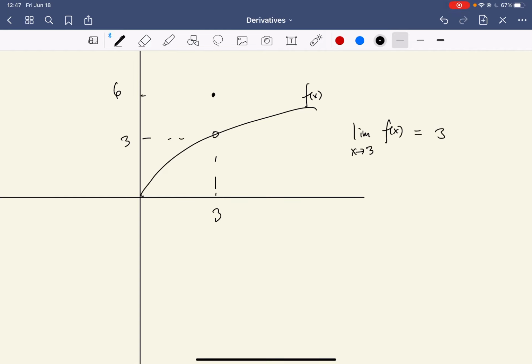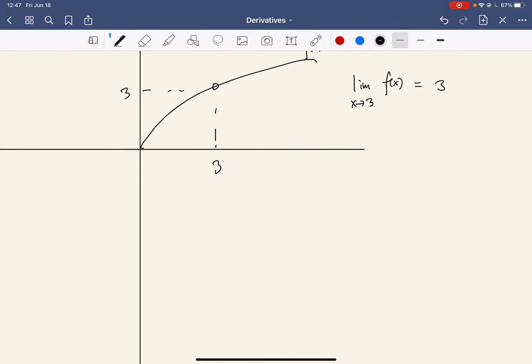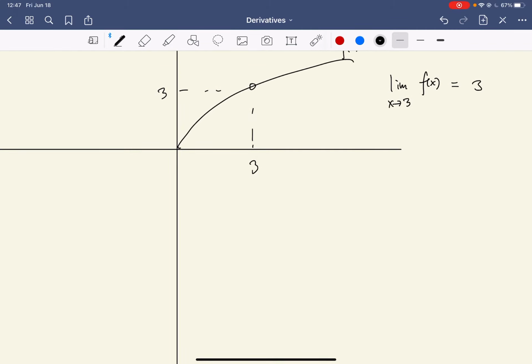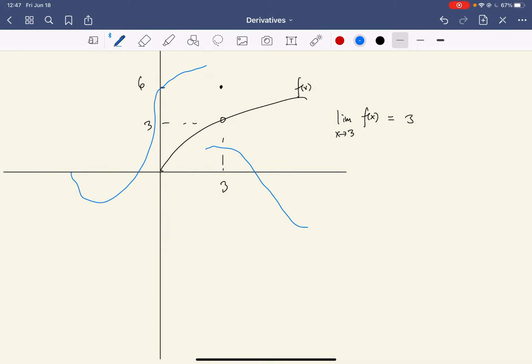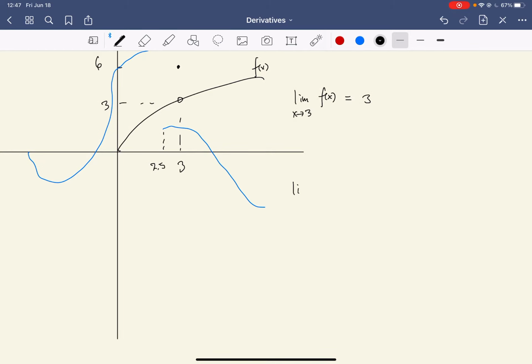And we have another concept: if you have a piecewise function, I'll just draw it like this, and it is undefined at this point. Let's say this is 2.5, and the limit as x approaches 2.5 of g of x would just be undefined.